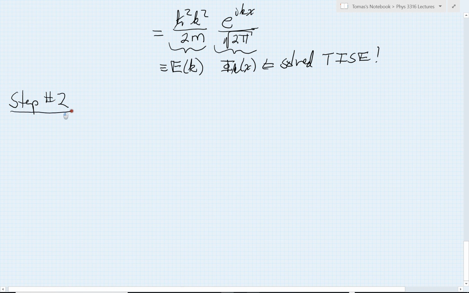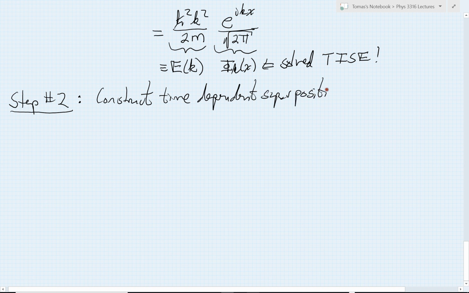So in step 2, now that we are armed with our solutions, we can actually construct the time-dependent superposition. And this is kind of key: when we do that, we also have to choose the weights in this step.